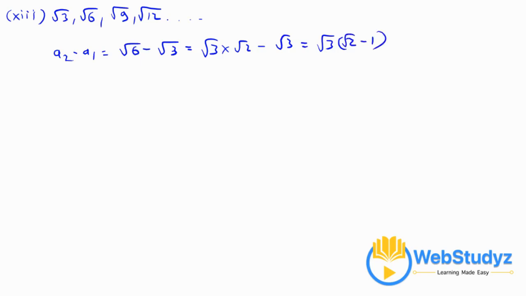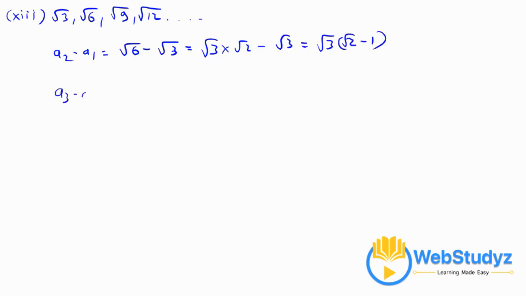So checking the common difference, a2 minus a1, which is equal to √6 minus √3. So we can write this as √3 into (√2 minus √3). So finally this will be √3 into (√2 minus 1).